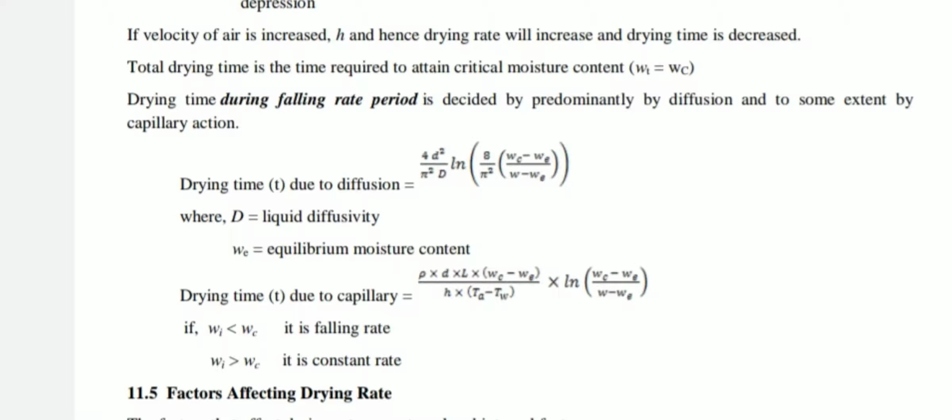So drying time due to diffusion is equal to 4d square upon pi square D, that is capital D. First was small d. I repeat the formula: 4 small d square upon pi square capital D, then ln. There are two brackets.